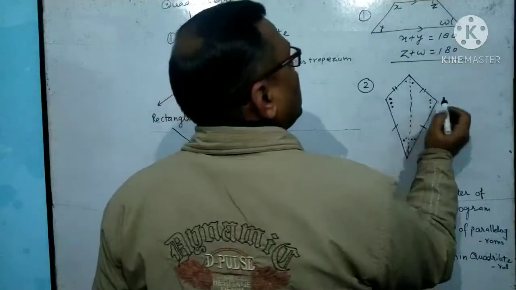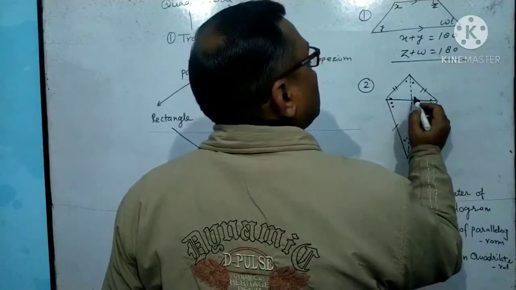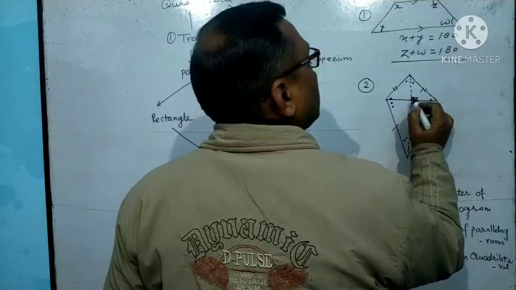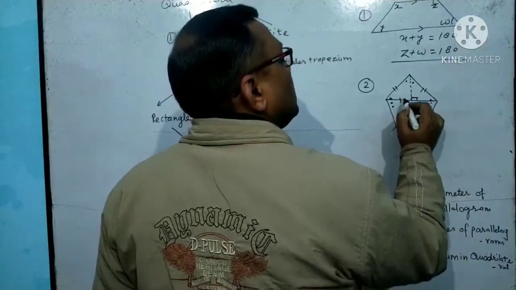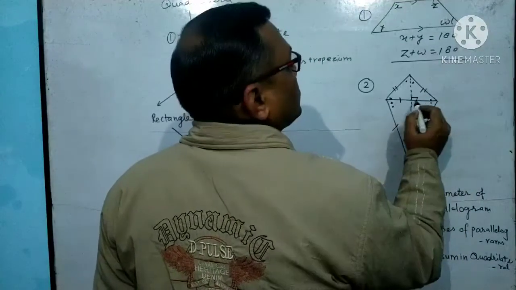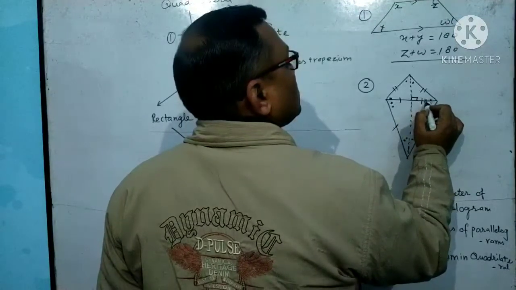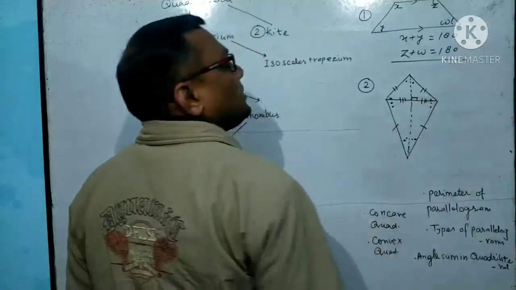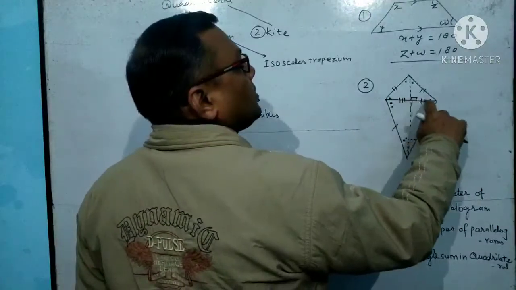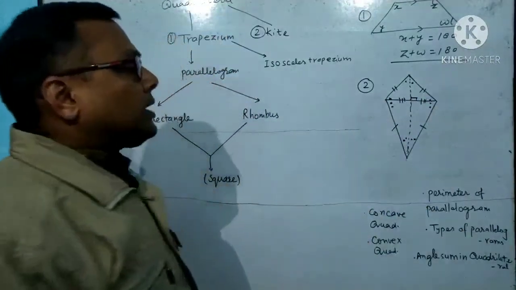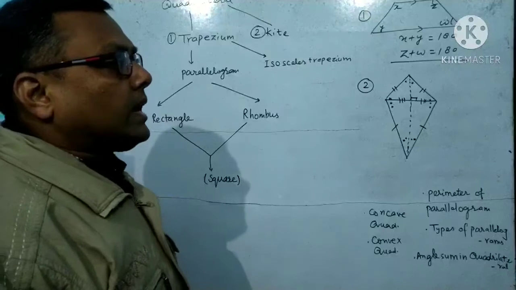And if I join the diagonals, then this angle is a right angle, or 90 degrees, and this is also bisecting. So this half is equal to this half. You can make and write the properties of kite.